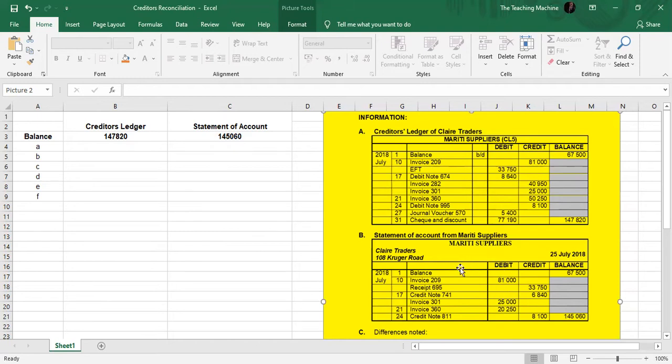Why? Because the business is a debtor to its supplier, but a supplier is a creditor to the business. So all the entries on this side will appear on this side on the statement prepared by the supplier.